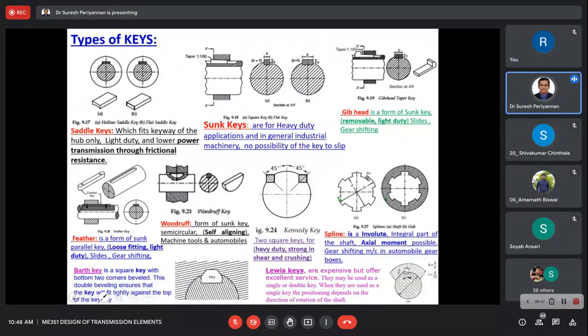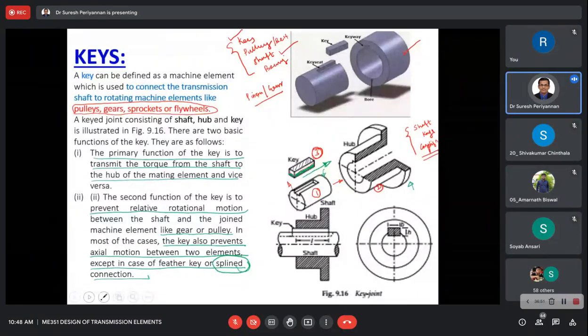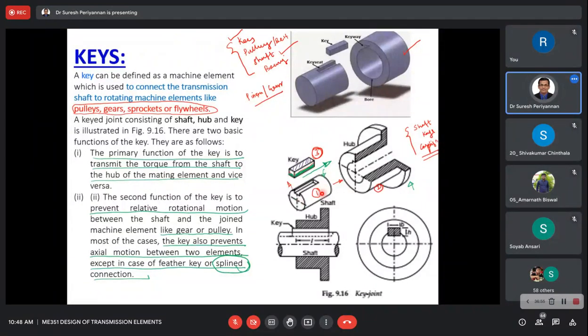Now I'm asking a very good question. Suppose there is a shaft, a hub, and a key. Which material should be harder and withstand more stress and more power transmission? Either key, shaft or hub.